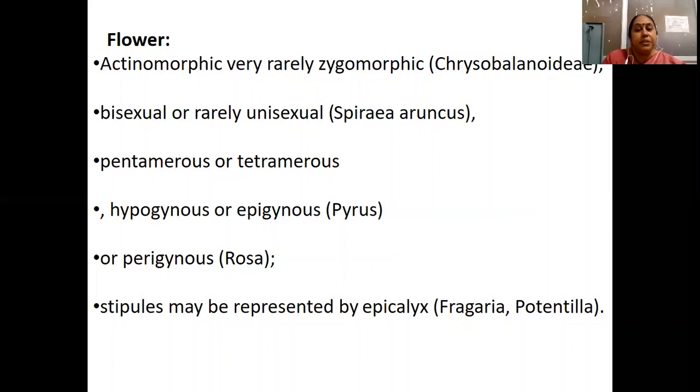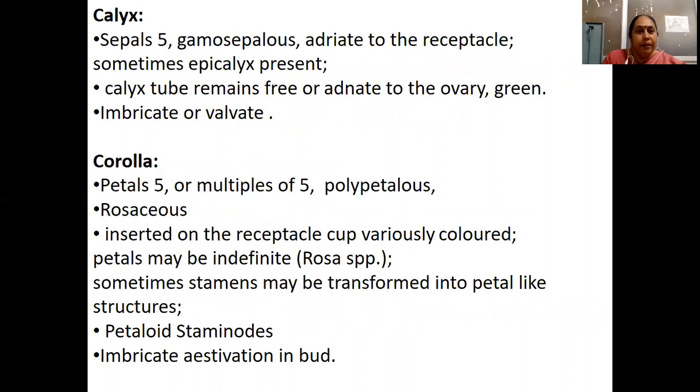Stipules may be represented by an epicalyx as seen in Fragaria and Potentilla. Calyx: there are 5 sepals and usually they are fused and hence gamosepalous, and sometimes an epicalyx may be present. The calyx tube remains free or adnate to the ovary, green, and the estivation is imbricate or valvate.